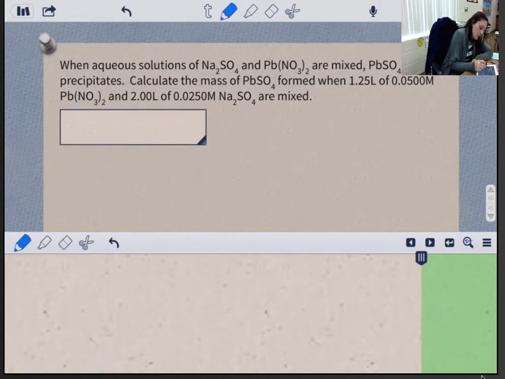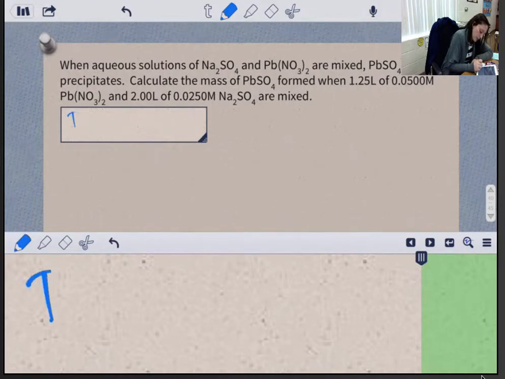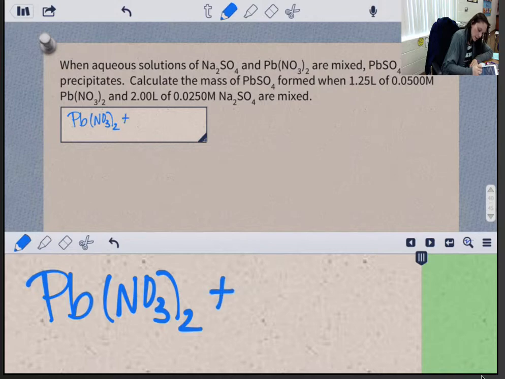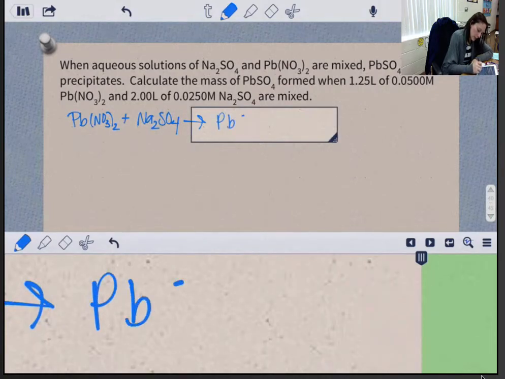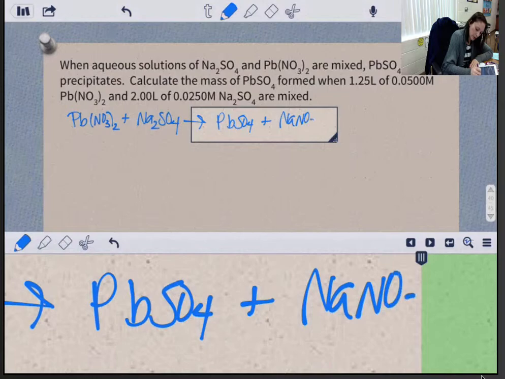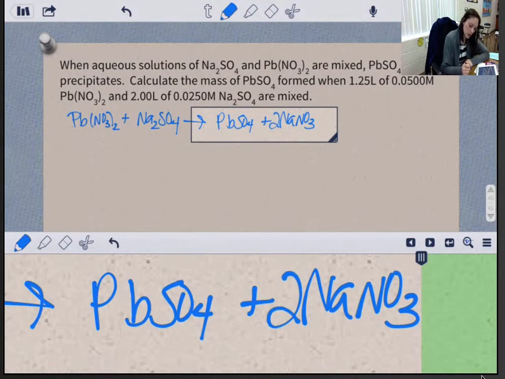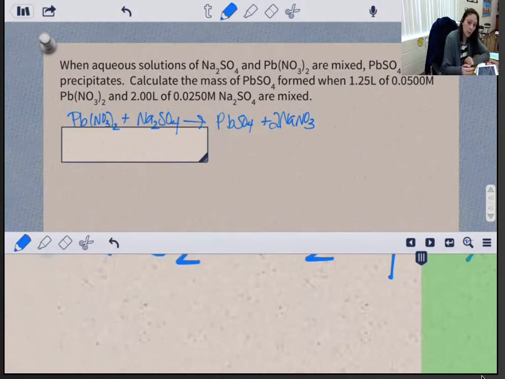So I am doing Pb(NO3)2, and I'm adding to that Na2SO4, and I'm going to form PbSO4 and NaNO3. I need to balance here, so I should have a 2 here, and it should be done then.